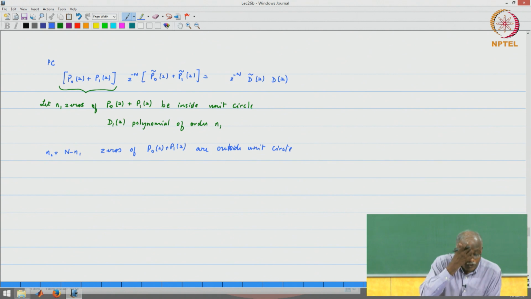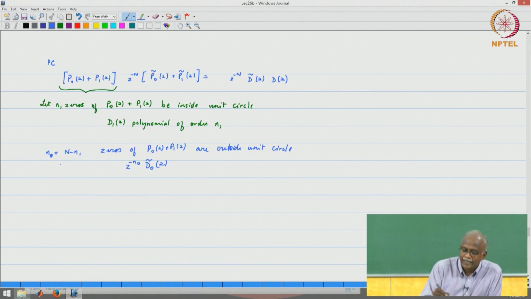These will have to be factors of d tilde of Z. Let us call this d0 tilde of Z; basically these are factors from there. Because it is of order n0, if I want to make this causal, this must be Z power minus n naught.